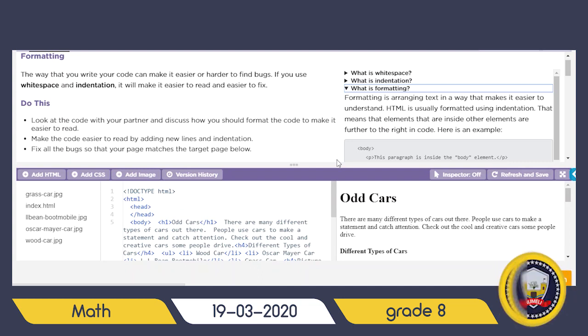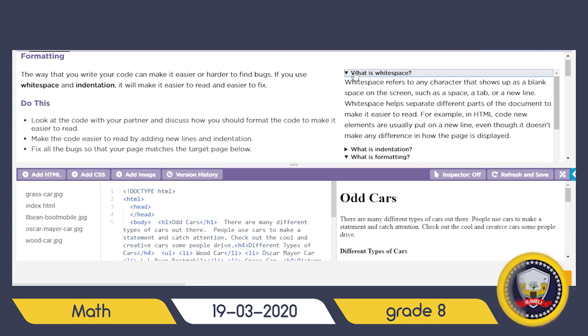And there are two ways by which web pages can be formatted. These two ways are using white space and indentation. So white space and indentation are the two ways by which web pages can be formatted.